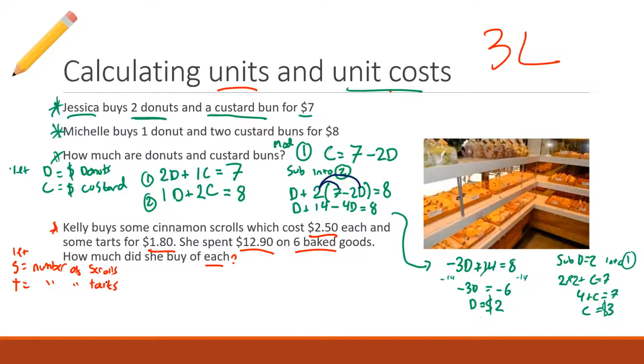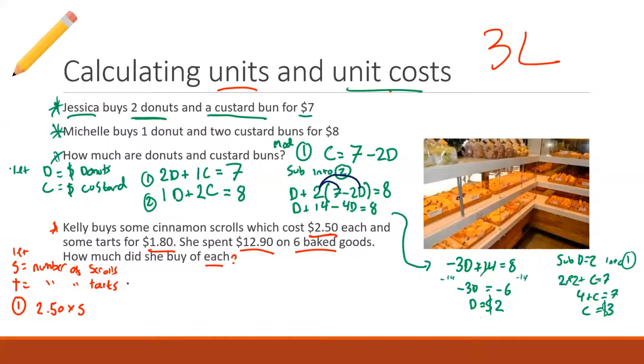So I'm going to do the first one for us, equation 1. I'm going to run out of room again, so I'm going to do it down here. Equation 1. We know that the scrolls are $2.50, so $2.50 times the number of scrolls will tell me how much money I spent on scrolls.